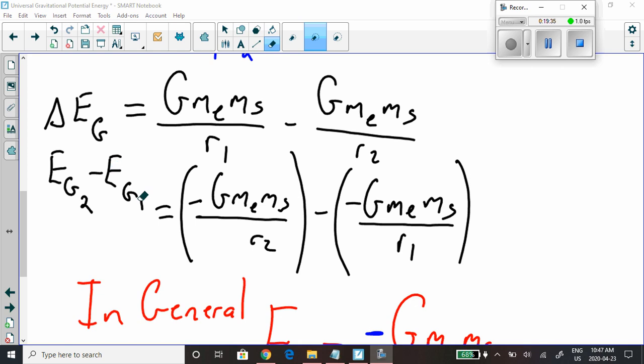It doesn't matter what we use. But look at the setup here. Instead of it being second situation minus first situation, it's reversed. That's not what delta means. So we have to do a little bit of mathematical sleight of hand here, and this is what we're going to do.